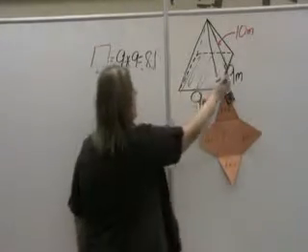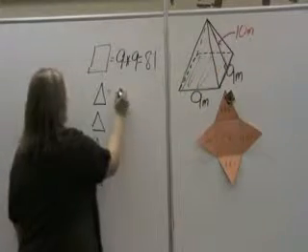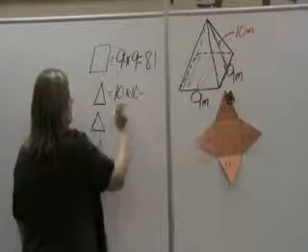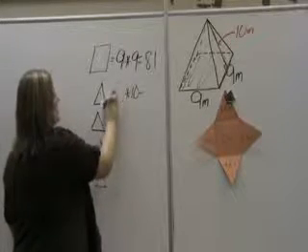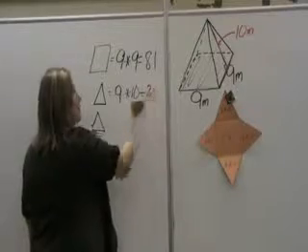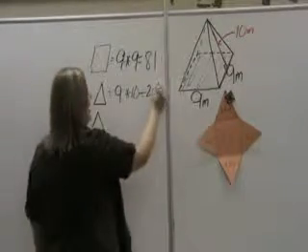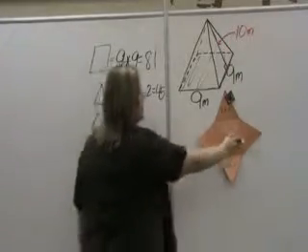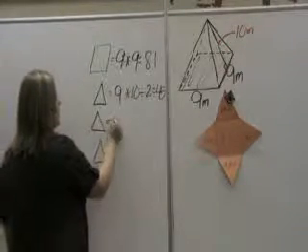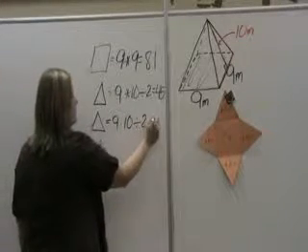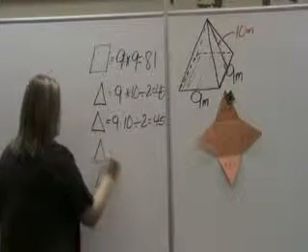So we have 9 times 10, and we will divide that by 2, which is 45. And like I said before, all 4 triangles are the same, so this one will also be a 9 times 10 divided by 2, and the same for the last 2.